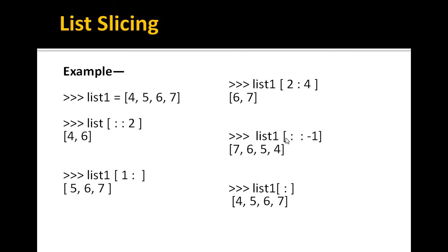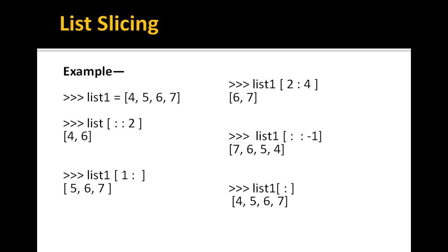And if they are not given, it means starting at the end point and ending at the start point of the list. So starting at the end position and ending at the first position, that means index 0 of the list.